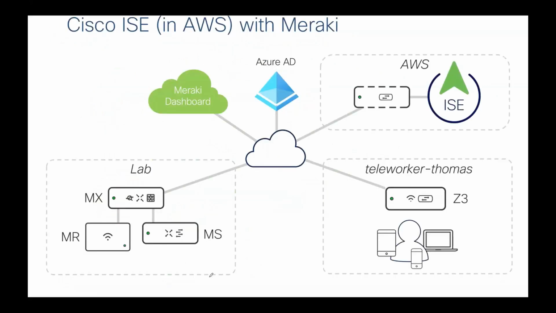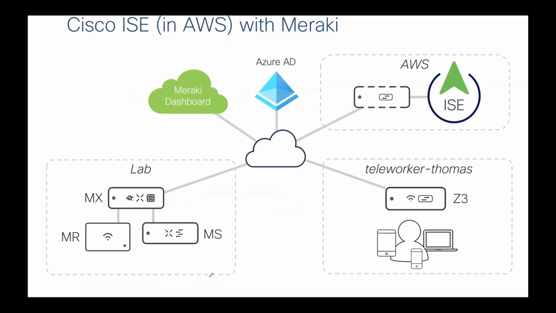So quick reminder, this is my basic lab setup as we go through some of these demos. If you're wondering how I'm doing all this stuff, reminder, I've got ISE sitting out in Amazon Web Services. We are securing the RADIUS traffic going back into a couple of different small branches. One is my lab here in my home.